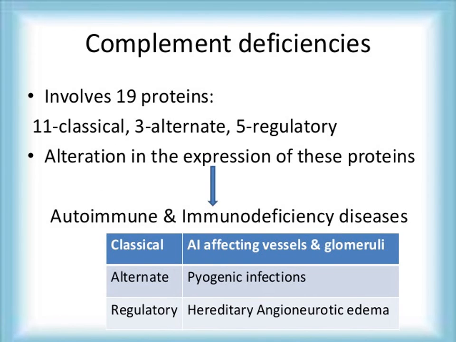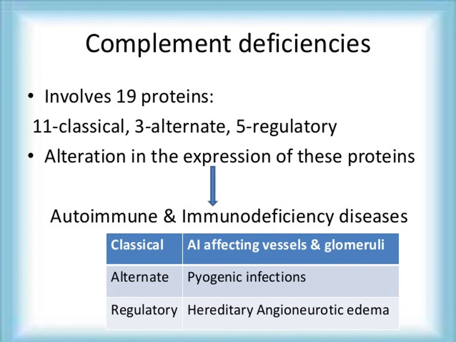Complement protein deficiencies involve almost all proteins, or like 19 proteins are more commonly affected. Among them, 11 are classical, 3 alternate, and 5 regulatory complement proteins. Alteration in the expression of these proteins leads to certain autoimmune and immunodeficiency diseases.